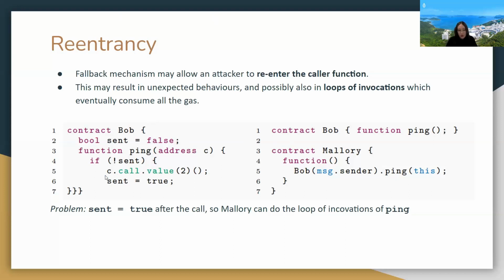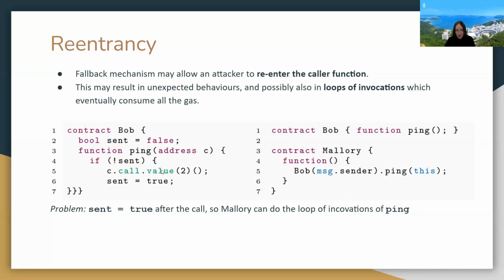Basically, when we call the ping function of the contract Bob, it first calls the contract C and sends some value to the contract C. And in the contract C, it calls the ping function again. So it goes to the beginning again, and then sends the answer again.